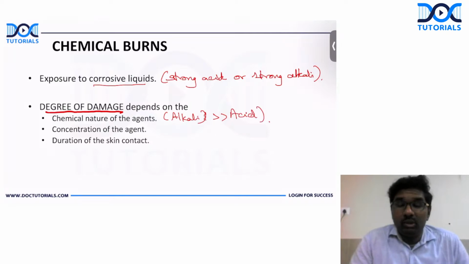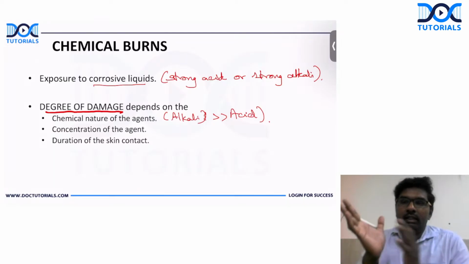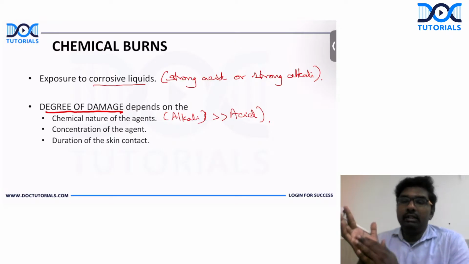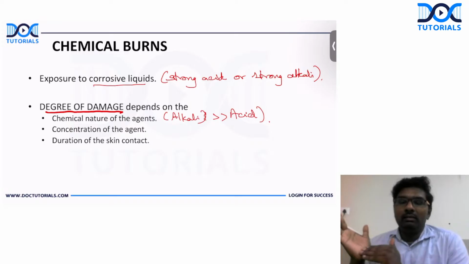Why? Because acids on exposure will cause protein denaturation and coagulation, which itself will act as a barrier for the spread of the acid. For example, if acid gets in contact with my hand, this will cause protein denaturation and coagulum formation, something like an eschar.